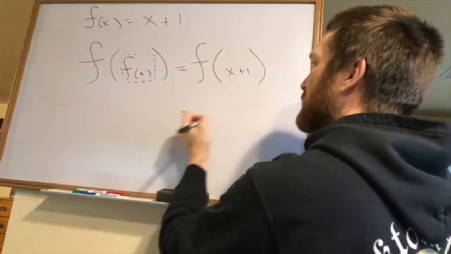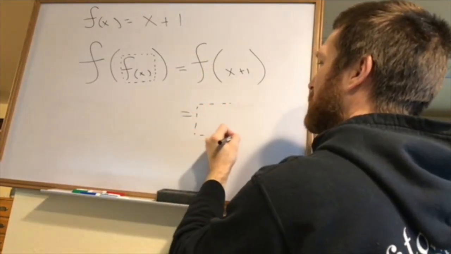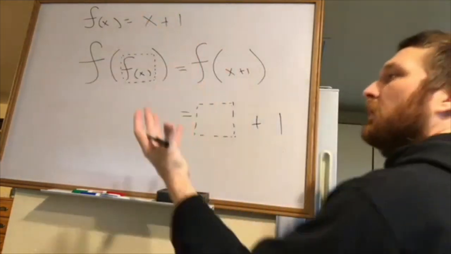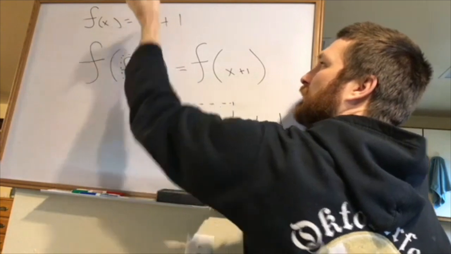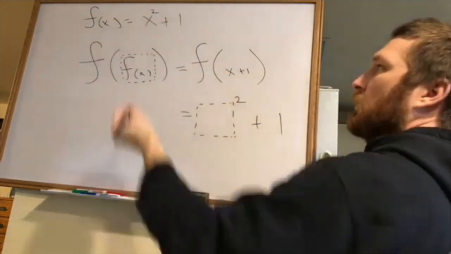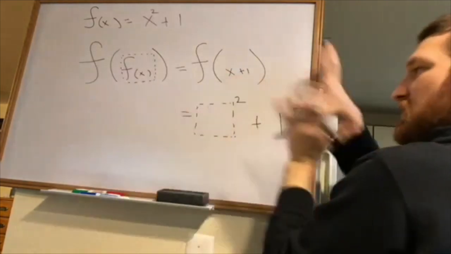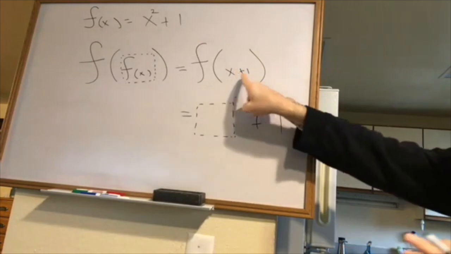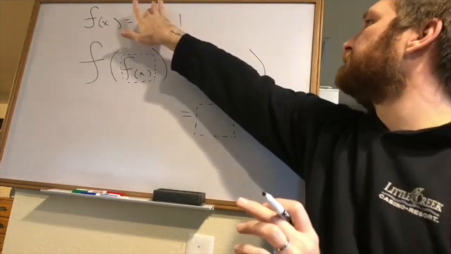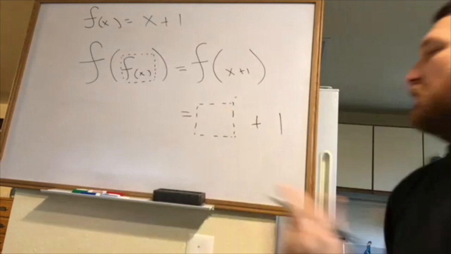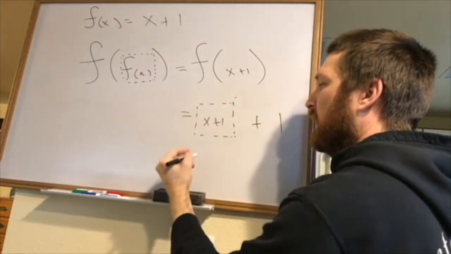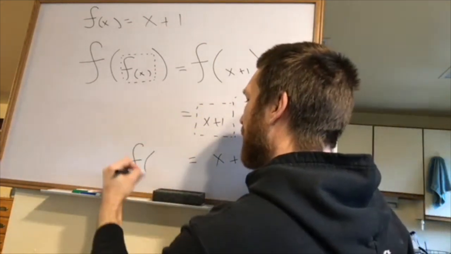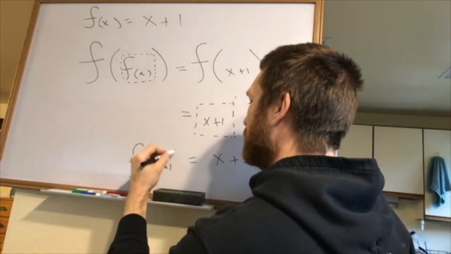And so I just say, well, whatever goes into it plus 1. If it were more complicated, if it were like x squared plus 1, I would have whatever squared plus 1. In this case, this says, oh, x plus 1 is the thing I'm plugging into that function. So I plug in x plus 1, and I guess I could write that as x plus 2. And so I would have f of x equals x plus 2.